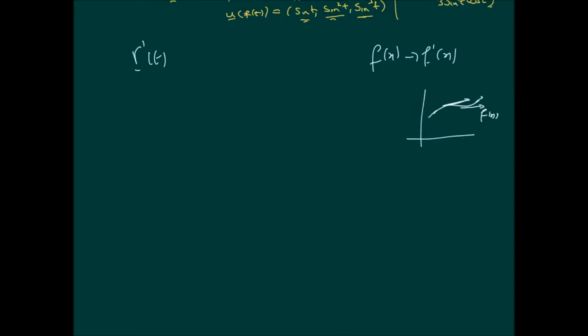So in a similar way, r dash of t represents the tangent vector. Because we stay away from the concept of slope in 3 dimensions, we really concentrate more on vectors.